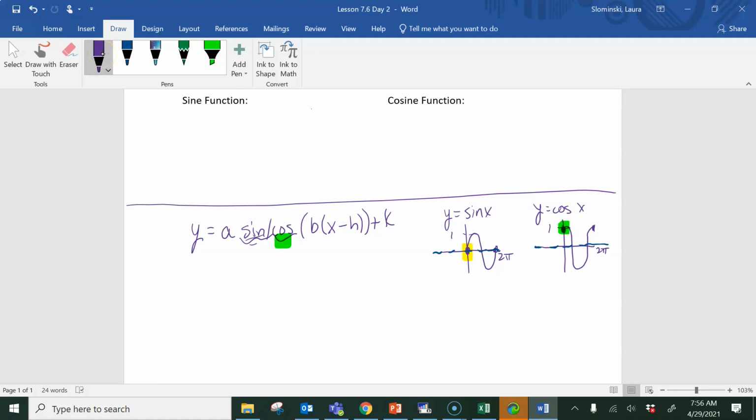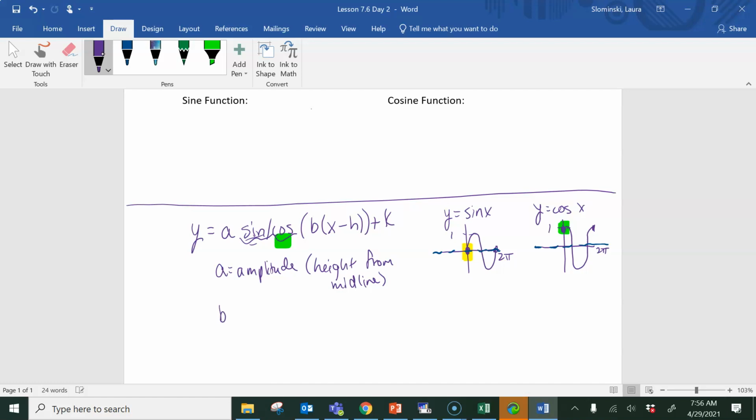When we go to write these, we need to understand that this is the form, and then the a is the amplitude. We've been talking about that already this chapter, but remember that's the height from the midline. So you're going to see how high it goes up from the midline, and you'll put that in front. Then you'll put either sine or cosine, based on what they tell you to use, or if you get to pick, you pick the one that you want.